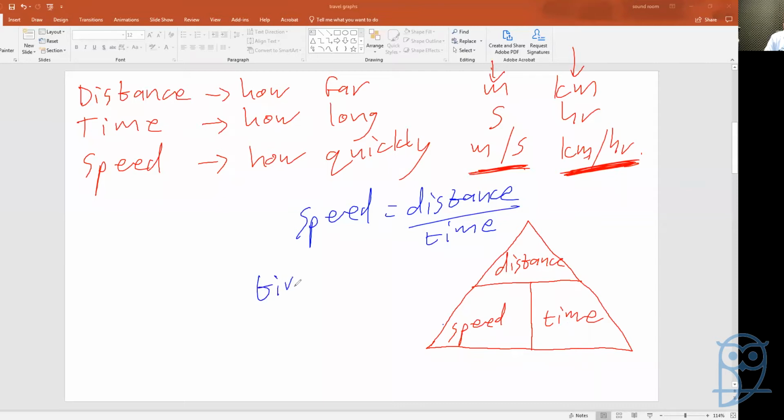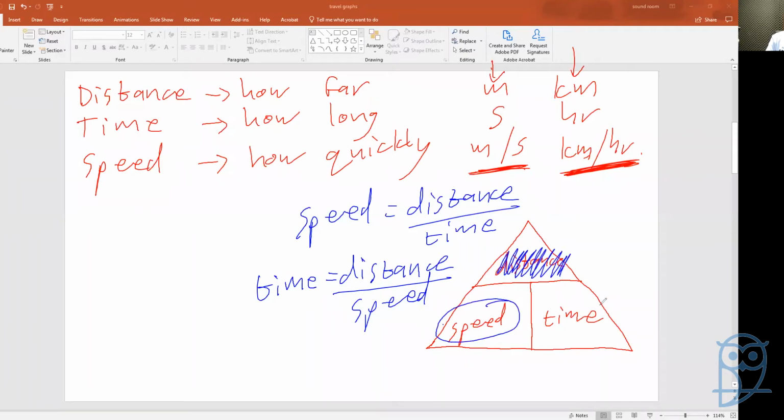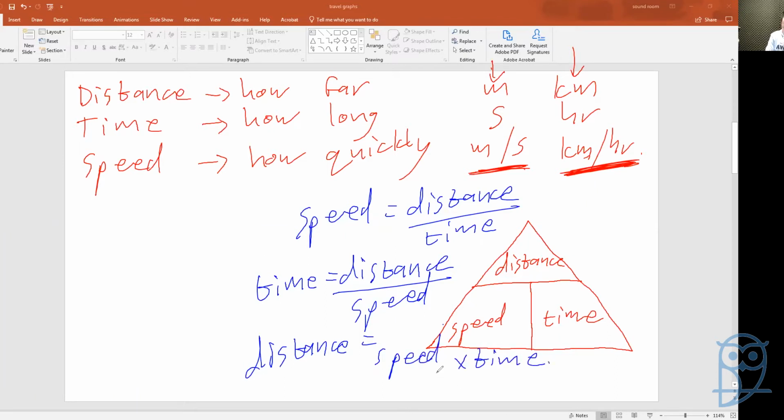So time is distance over speed. And then if you want distance, you cross out distance, and that's speed, time, and this vertical line means a multiply. That is, distance is speed times time.